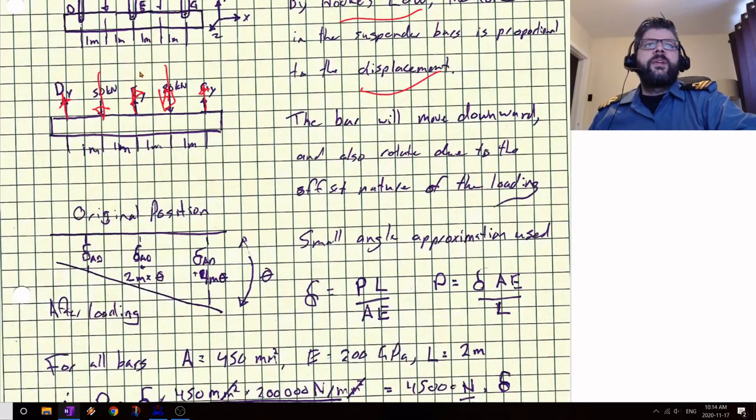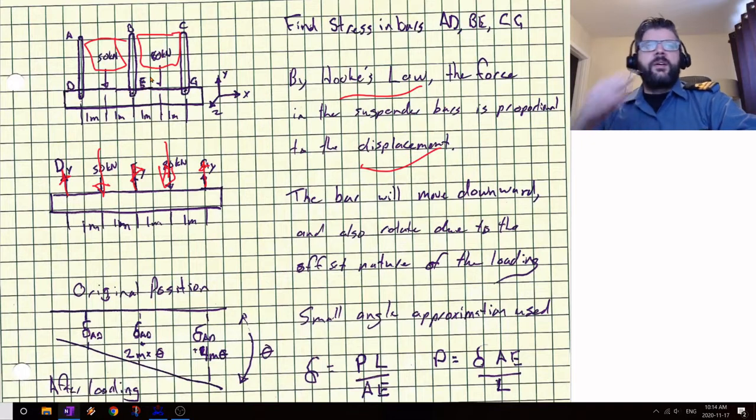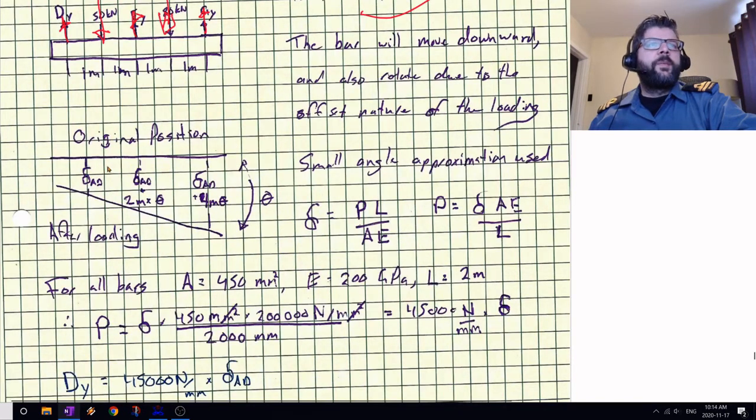But since we don't have an even loading situation, we've got the 50 kilonewtons here, and we have the 80 kilonewtons on this side. That means that the side on the right here is going to move down further than the side on the left. So you're going to get some sort of rotation of the bar as well.